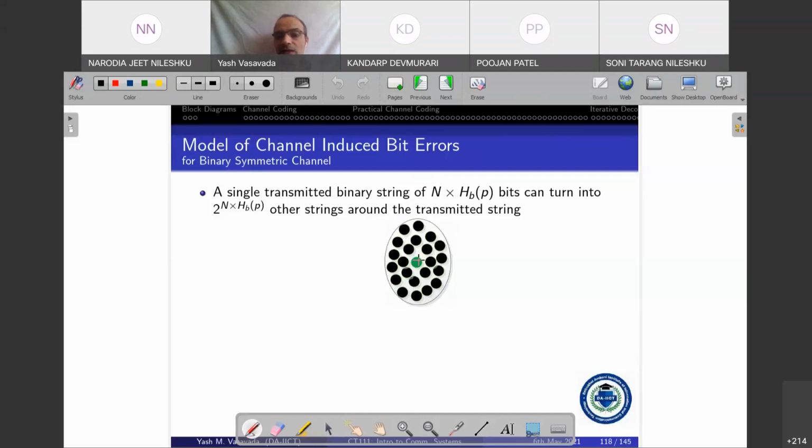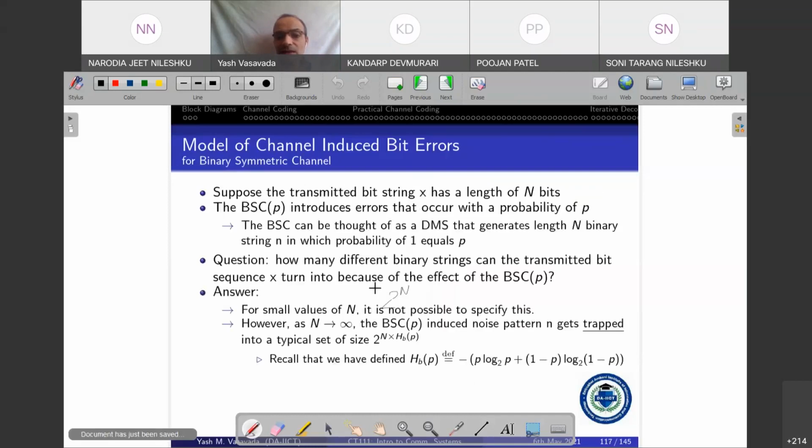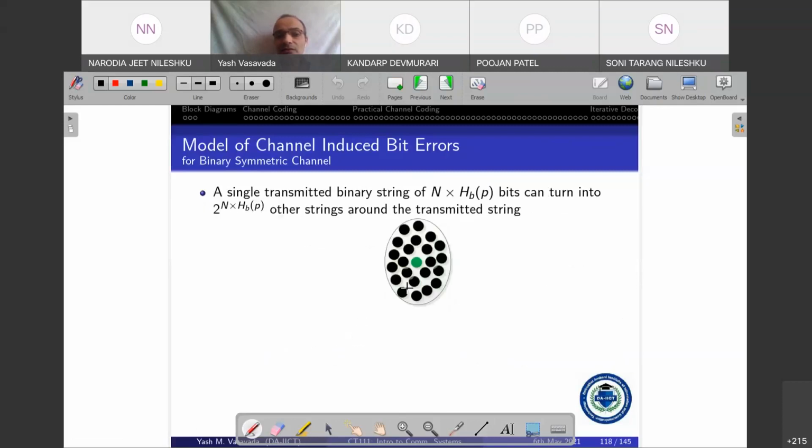Because if that were to happen, this typical set is not occurring. But the typical set always occurs with probability 1 as n tends to infinity. So we are guaranteed that this green circle, the transmitted code word, will become one of these black circles, and the size of this oval is 2 to the power n times HB of P.